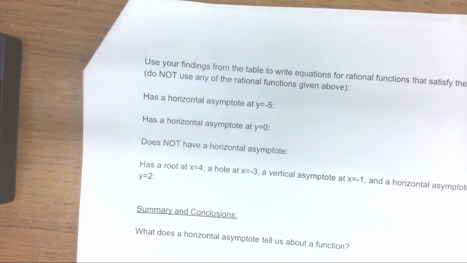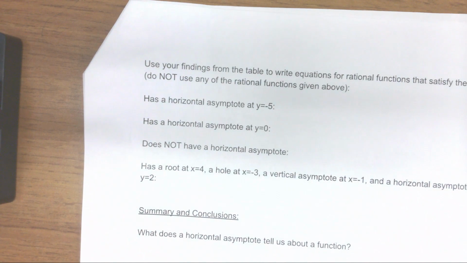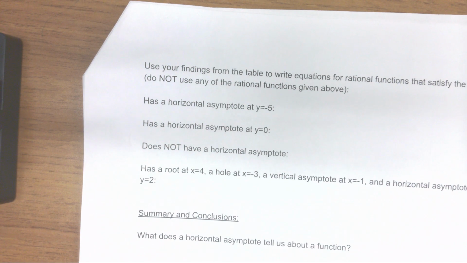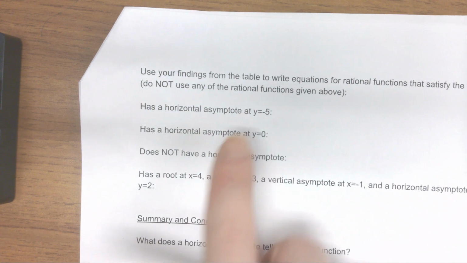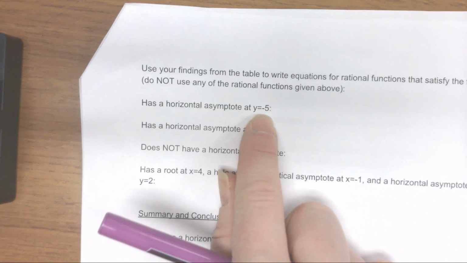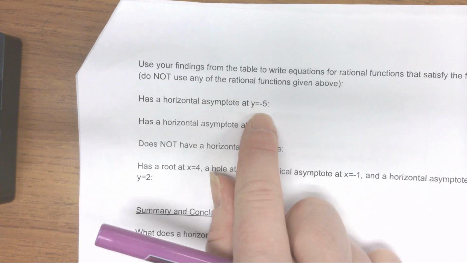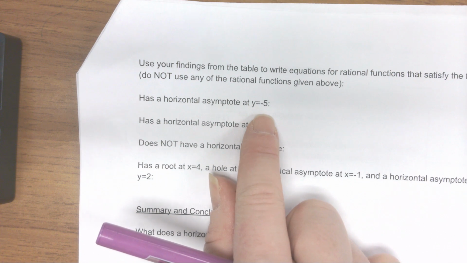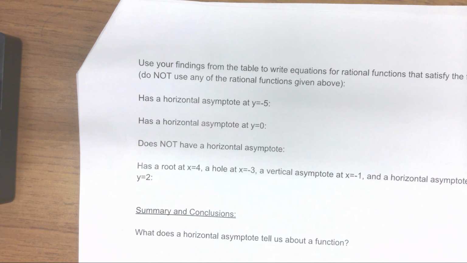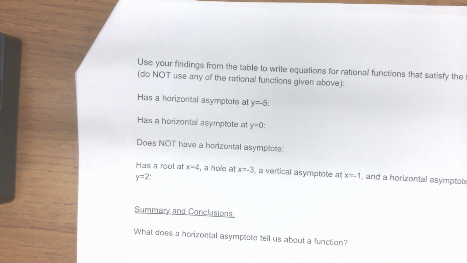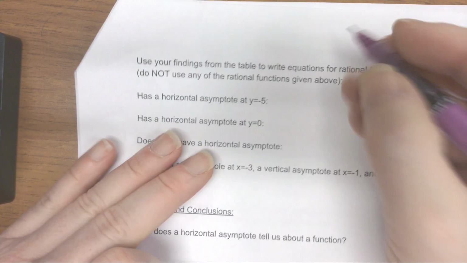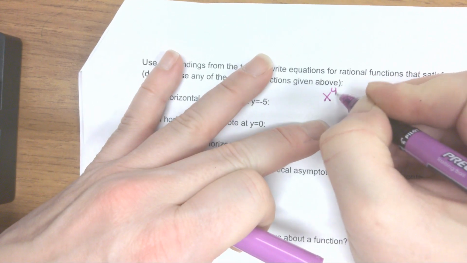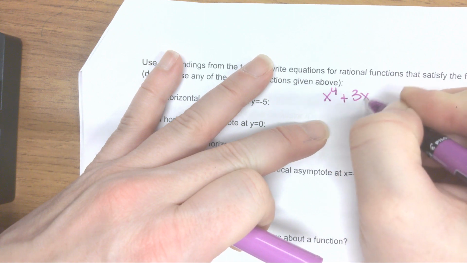Use your findings from the table to write an equation for rational functions that satisfy the following. If something has a horizontal asymptote at y equals -5, I would need to have the same degree on top and bottom. Brian, give me a degree. So I'm going to make something up: x to the 4th plus 3x squared plus 1.